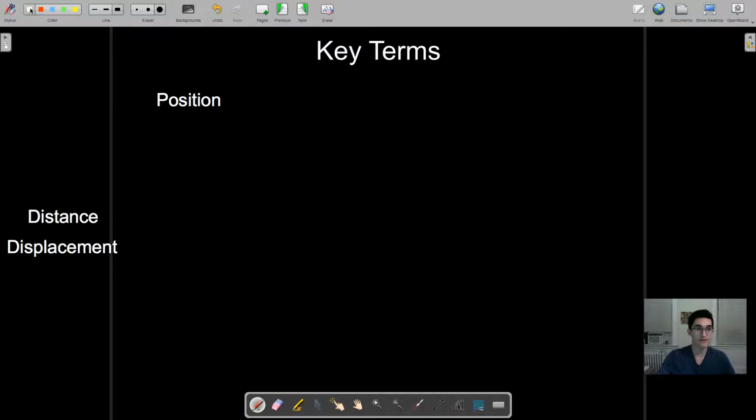So again, if we're working in 2 dimensions and we have some XY grid, then our position is going to be a vector pointing from the origin of our coordinates to wherever our object is located. So the position of this little blue dot is going to be represented by some vector that looks like this, okay?